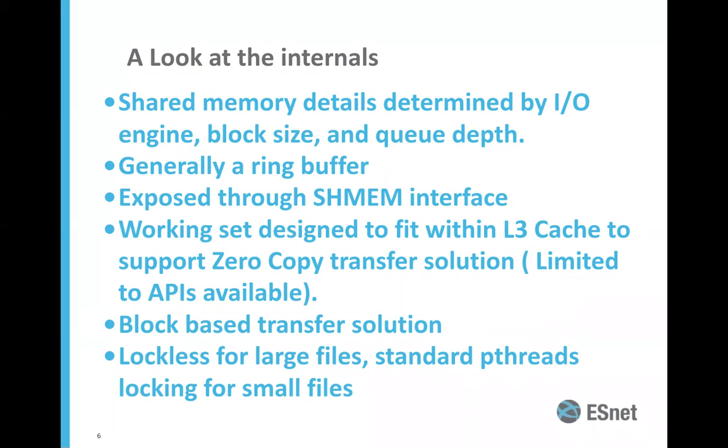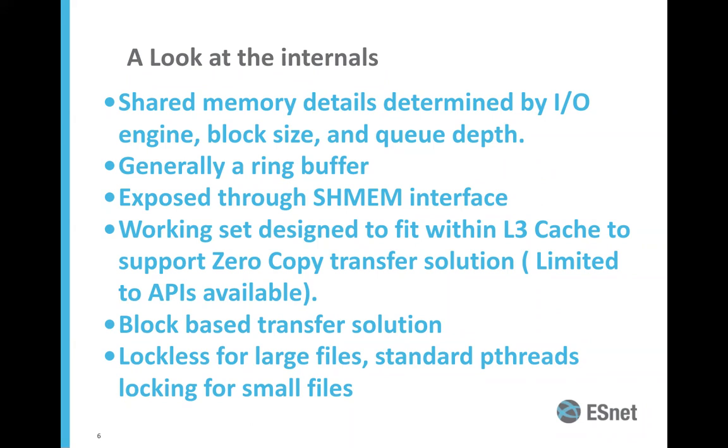So generally speaking, the shared memory is going to be a ring buffer. There's a specific sequence of events. So you start by initialize. When something like the POSIX engine reads a file, it starts by requesting one of those buffers from the shared memory region.